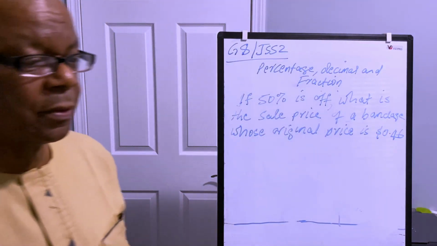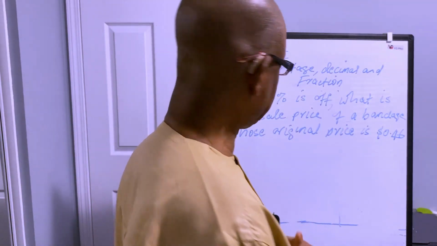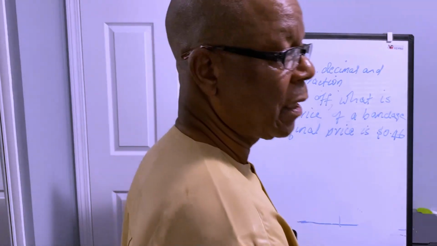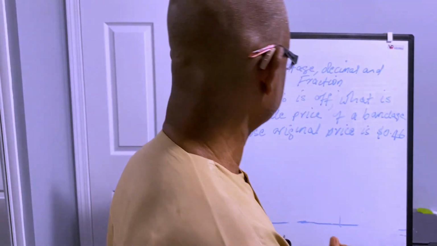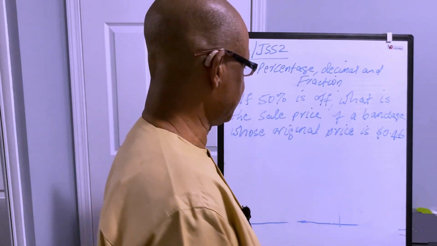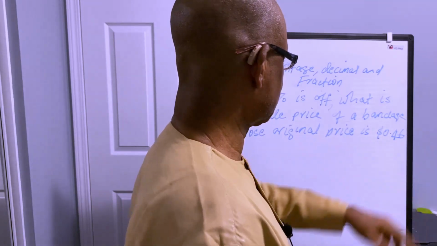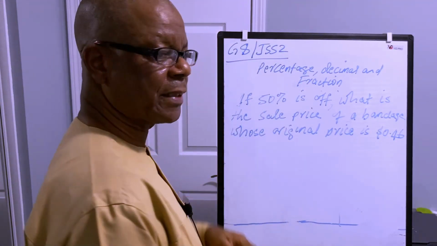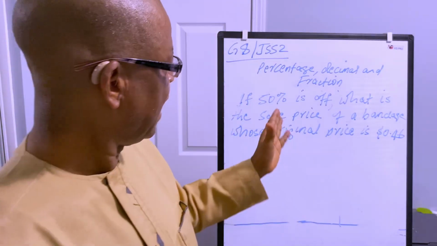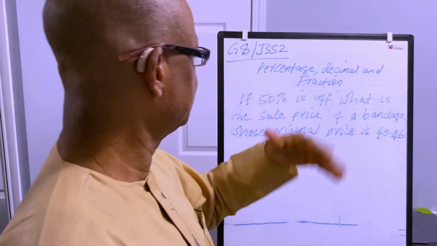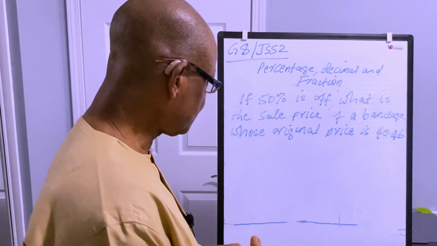50% is off. In other words, a discount, or either the company is carrying out a sale and they slash the prices by 50%. So the original price was this. What is the current price after this discount, after removing 50%?